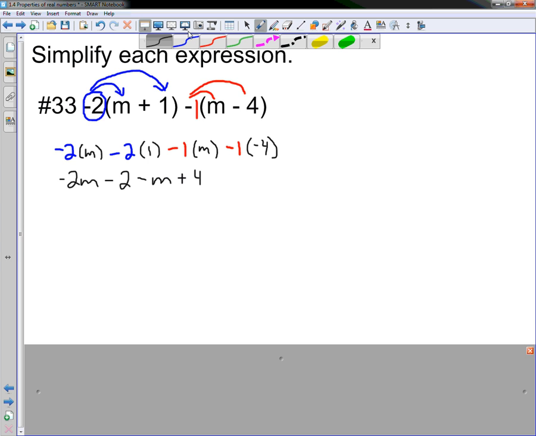Now we're going to find like terms. I have a negative 2m, and I want to see if there's any other like terms with just an m. Well, I notice I have a negative m in my second term. Again, remember that this is a negative 1m. So those are the same sign. I'm going to add them, keep the sign, and we keep the m.